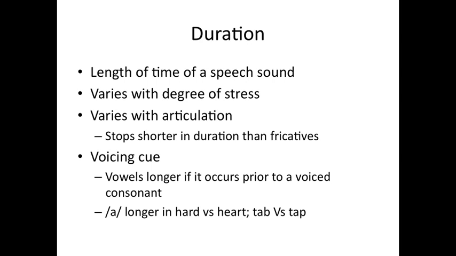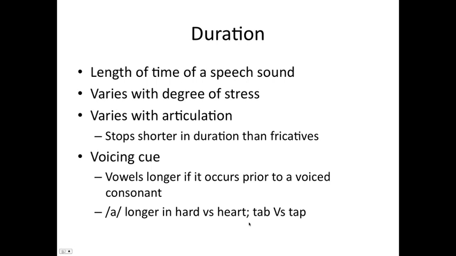And even on a spectrogram, that's what you're going to see for hard versus heart. You're going to see that the vowel is longer in duration before the voiced sound in hard versus heart, which is going to be shorter in duration. Same thing for tab versus tap. That increase in duration of the vowel sound is what is going to differentiate them, because the thing that is different is the voiced and voiceless consonant at the end.